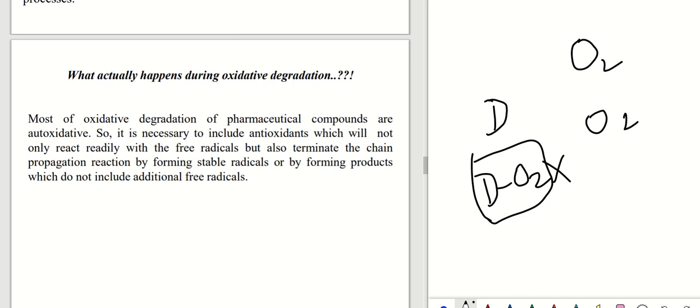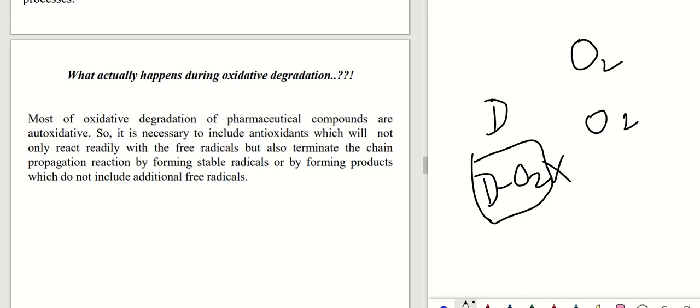Or ferrous to ferric. There will be some change at the electron level, right? The number of electrons changes. So that is how the nature of the compound or the chemical changes.